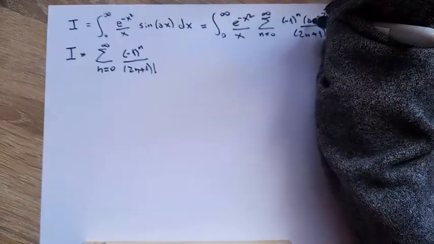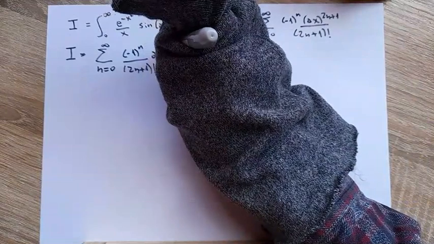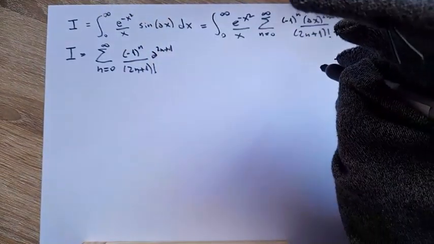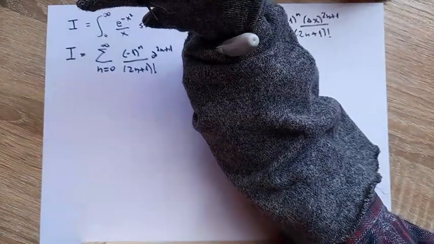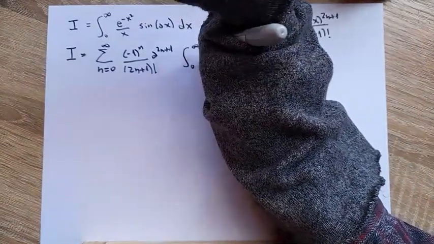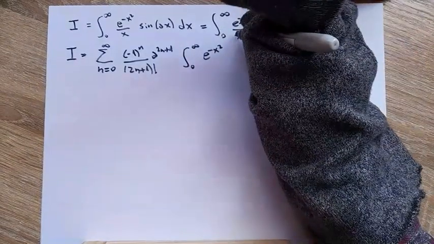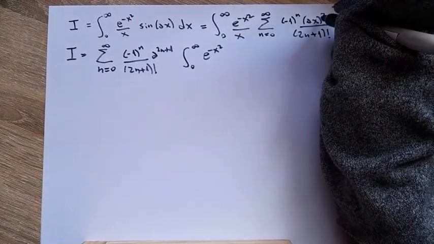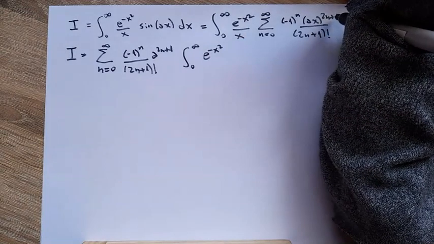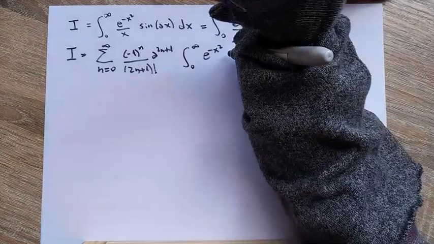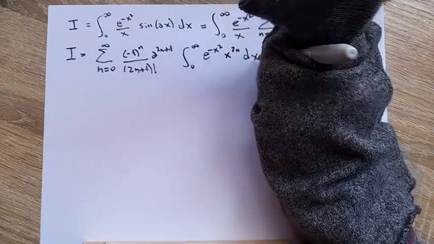We can take the a also outside of the integral, a to the 2n plus 1. Then we have the integral from 0 to infinity of e to the minus x squared. We have here an x that we combine with this x to the 2n plus 1, so we will just get x to the 2n dx.